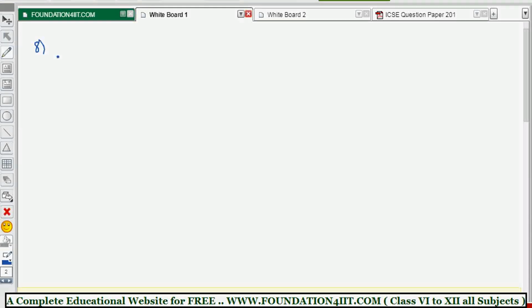How to solve? So here there is an original amount and a revised amount. So let the original number of children be x. Let us take x.